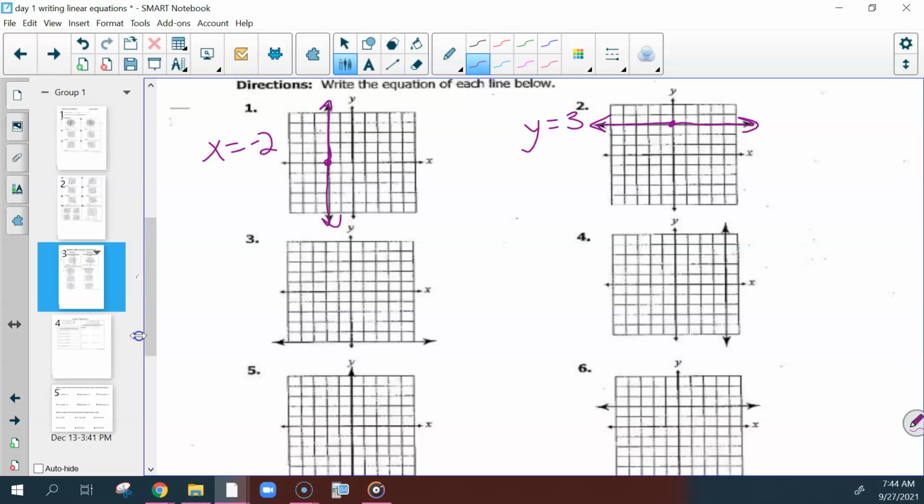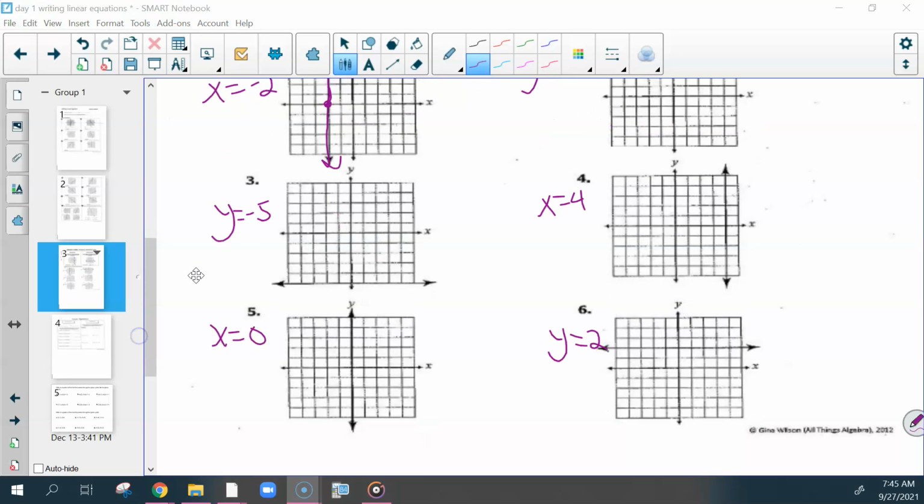Any others you want to do together? Take the next minute and do the others. No, this vertical is x.